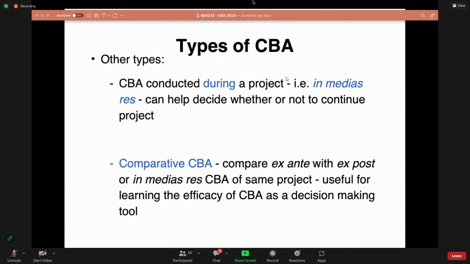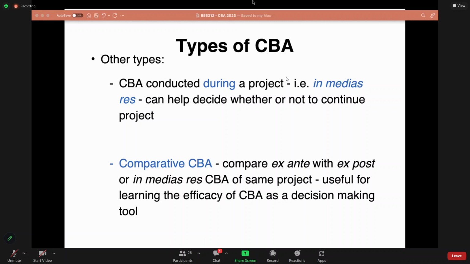And then you can also do a comparative CBA, where you can do something like an ex ante and ex post CBA. That means you have a cost benefit analysis you did before you started the project, and you do a cost benefit analysis after you finish the project, and you can compare and see how accurate your predictions were, how the two compare.